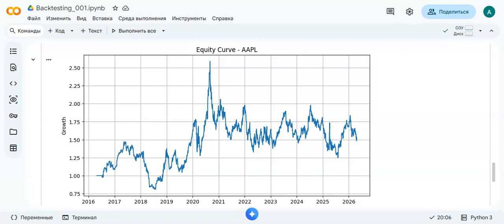Why not? So please leave your comments on what you think we should do next. As you can see, I'm not optimizing the strategy. I'm not using any sophisticated things. I'm just simply backtesting a single stock, for your information and reference.